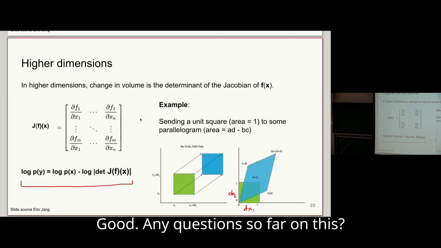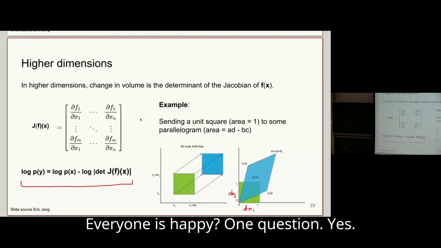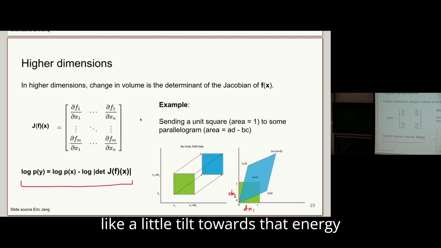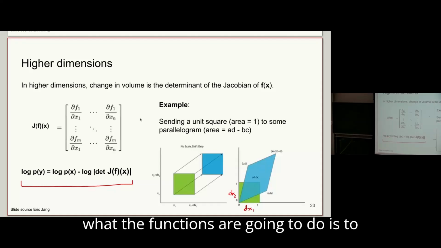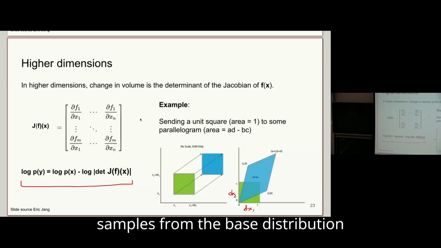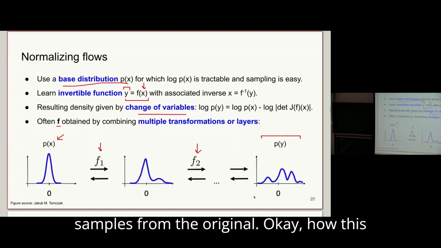Good. Any questions so far on this? Everyone is happy? One question? Yes. So you're thinking of each f as being like a little tilt towards that energy function? Not really. What the functions are going to do is to drive the samples from the base distribution here, which is kind of Gaussian, into samples from the original.